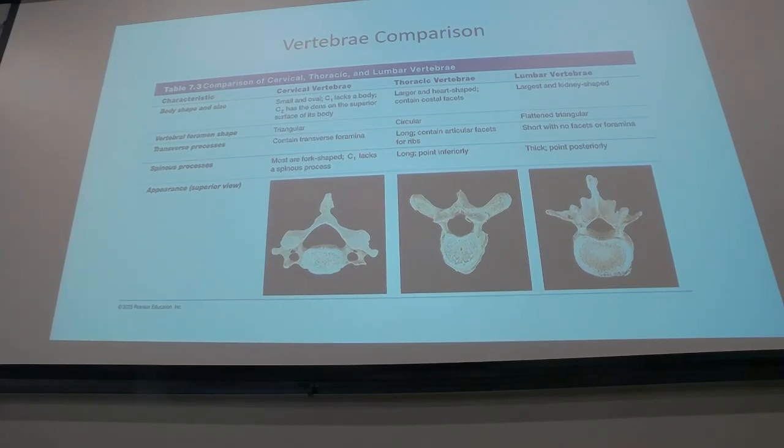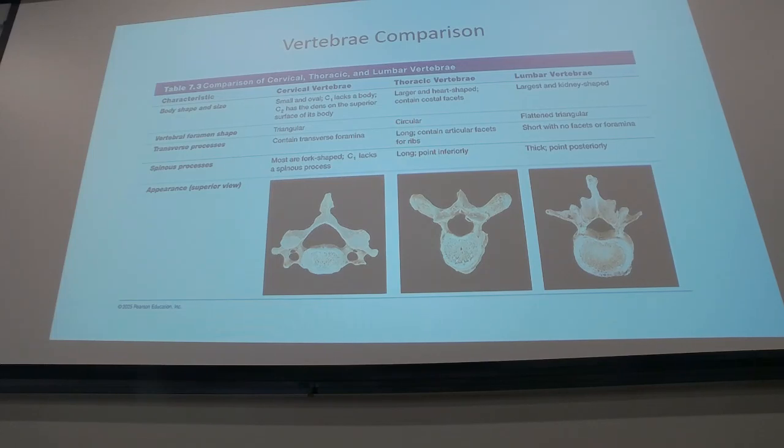Okay, so we're looking again at the image showing you the differences between the different types of vertebrae according to region. If you recall, I said before that vertebrae change depending on the region, and one of these major changes is seen in the body of the vertebrae.